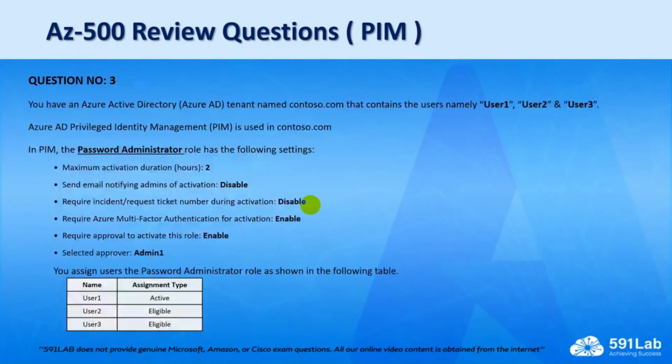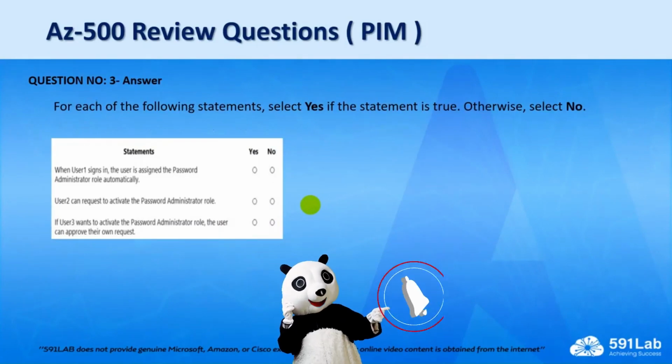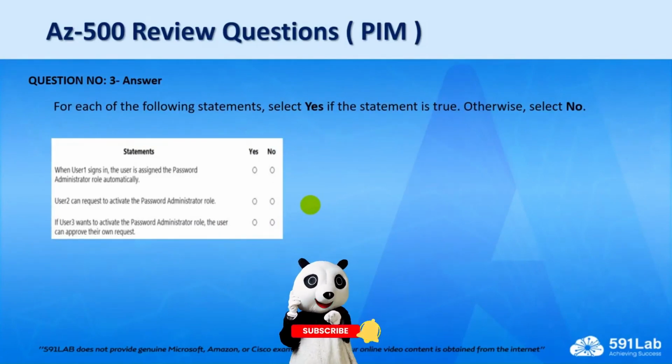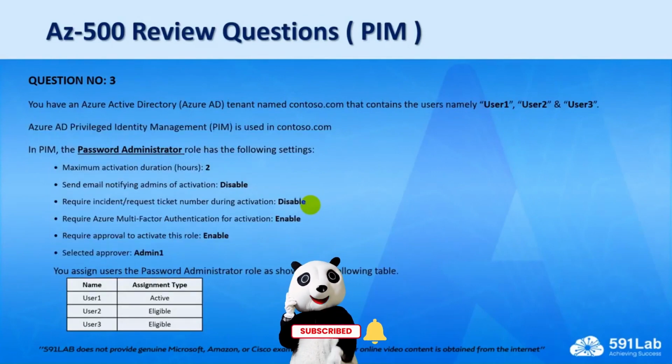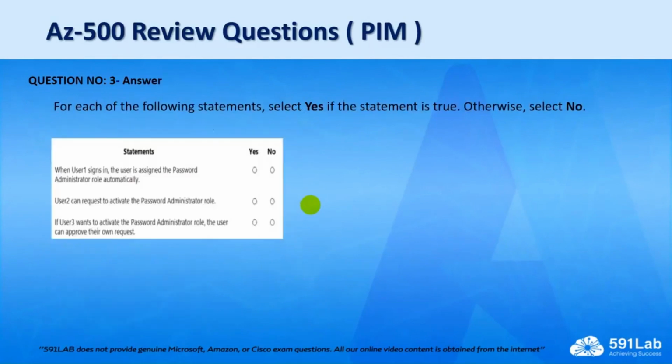Let's go back to the question. User 3 is eligible. So one thing is clear, that user 3 can initiate the activation for the password administrator role because user 3 is eligible. Now, if you look at the options, select approver is admin 1 and require approval to activate this role is enabled. So when user 3 is going to activate the password administrator role, can this be approved on its own?